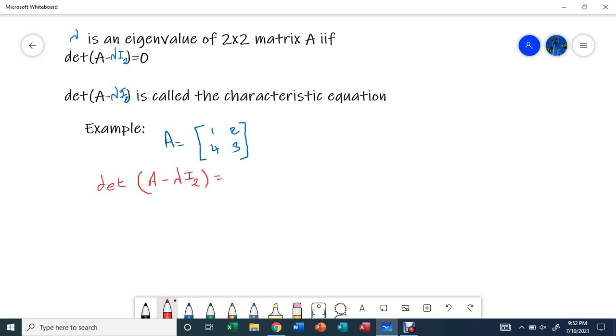So that's the determinant of 1, 2, 4, 3 minus lambda times I2, which is 1, 0, 0, 1.